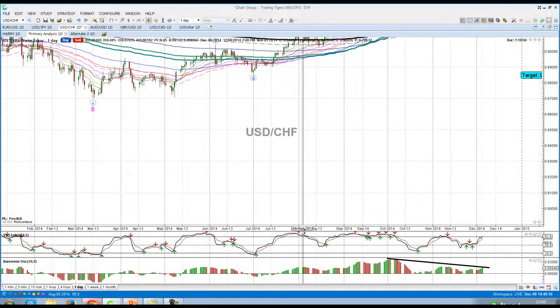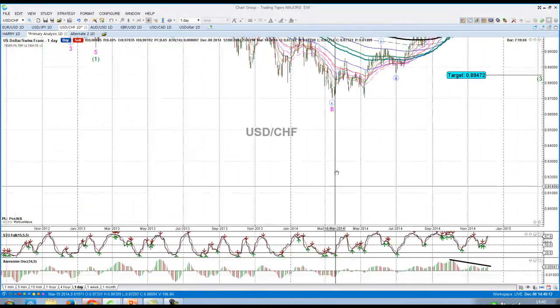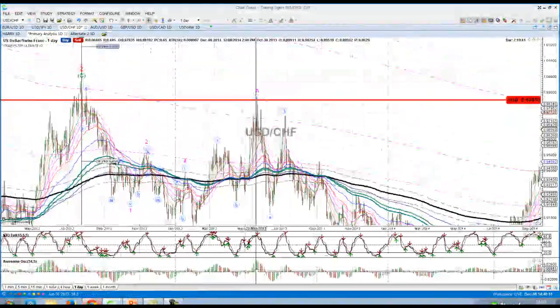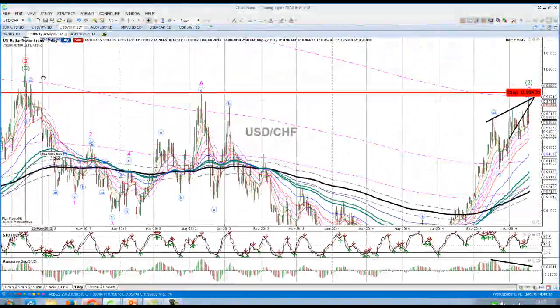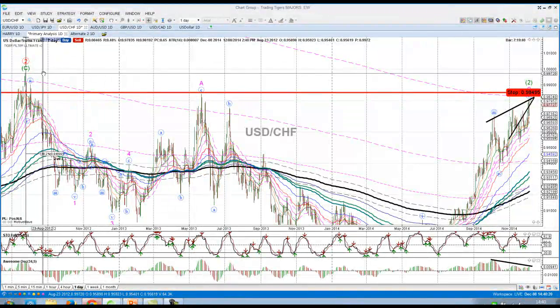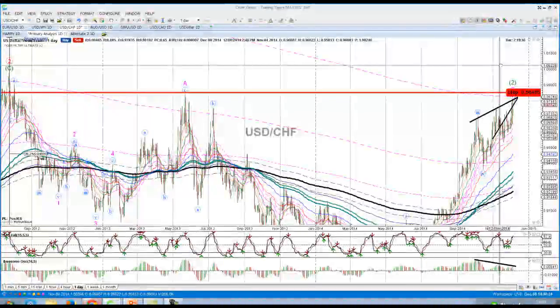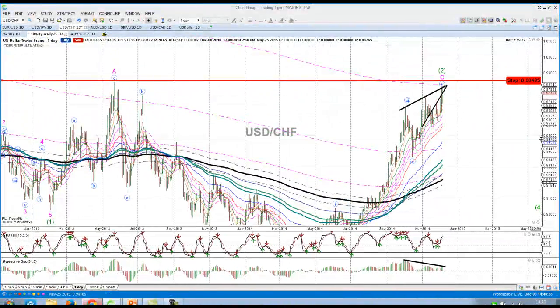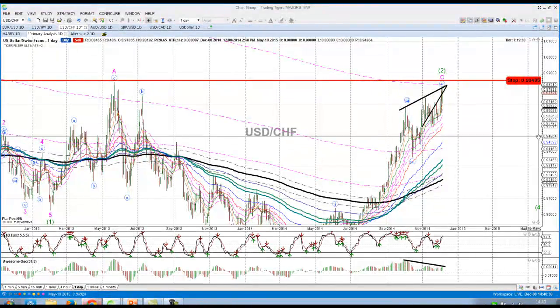As you can see, traders, that wave 2, which is over here, if price pushes beyond that area, then that wave 2 will move across. Right now it's holding intact in place, so we're not looking for any violation of that line.